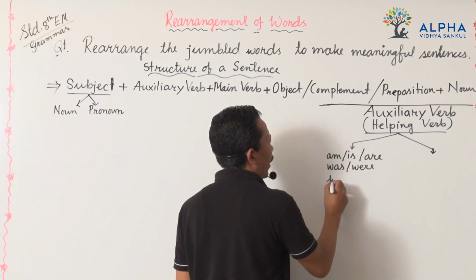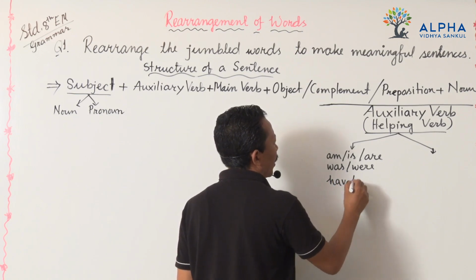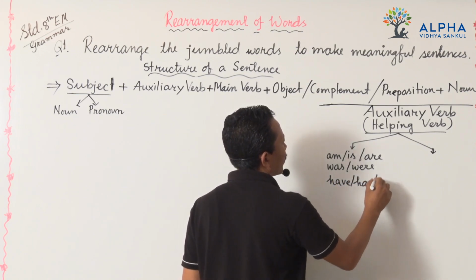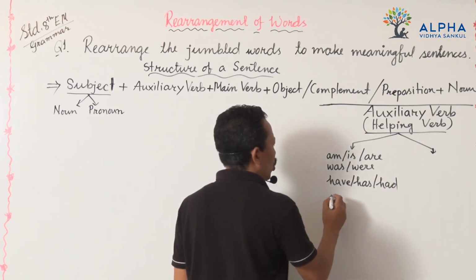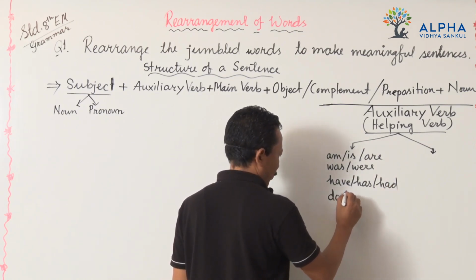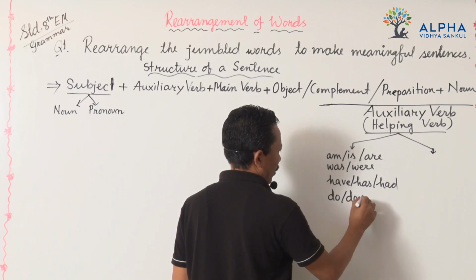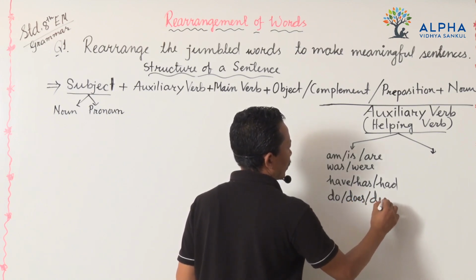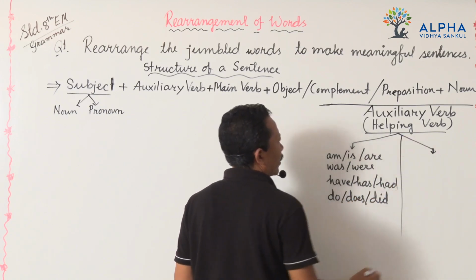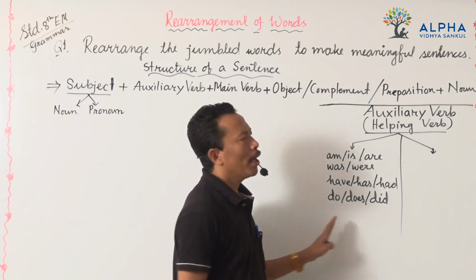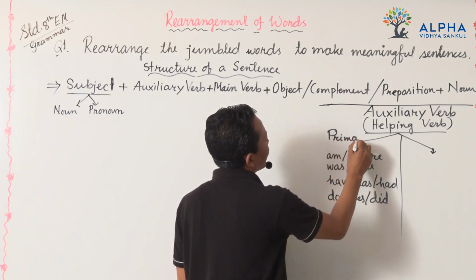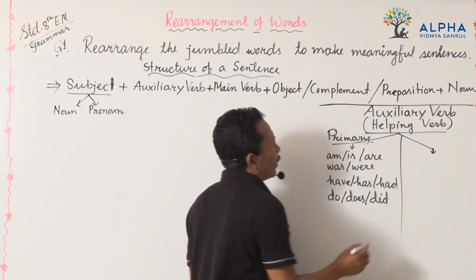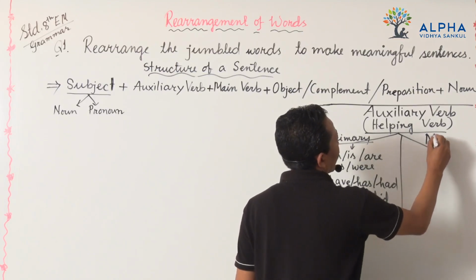And the have verb: have, has, had, do, does, did. This is called primary auxiliary, and the other is called modal.